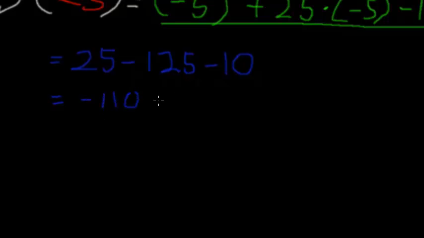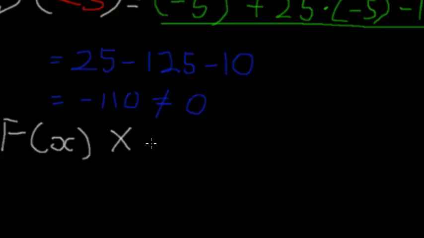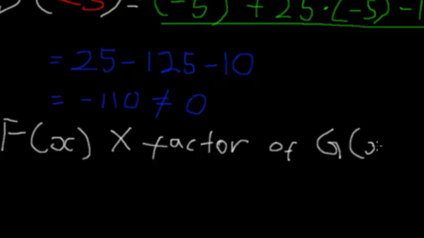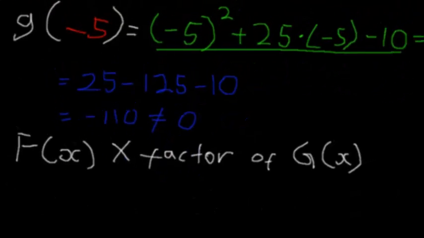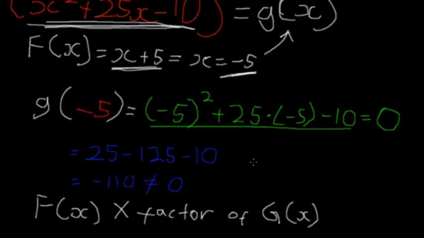Now since this is not equal to 0, then f of x is not a factor of g of x. Okay, so yeah, this is the basics of the remainder theorem.